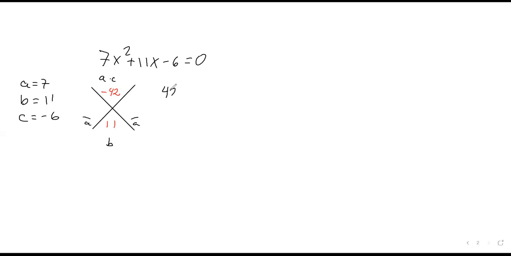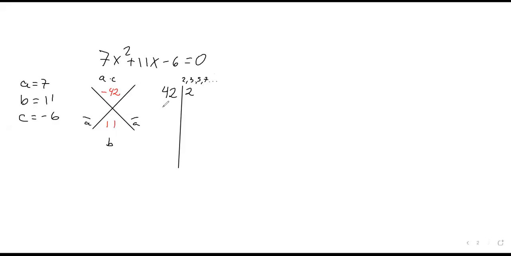As I mentioned, maybe you can do mental math and find them quickly, but I'm going to show you the steps to find them. 42, we have to split 42 into factors. Then half, we test with the prime numbers: 2, 3, 5, 7.